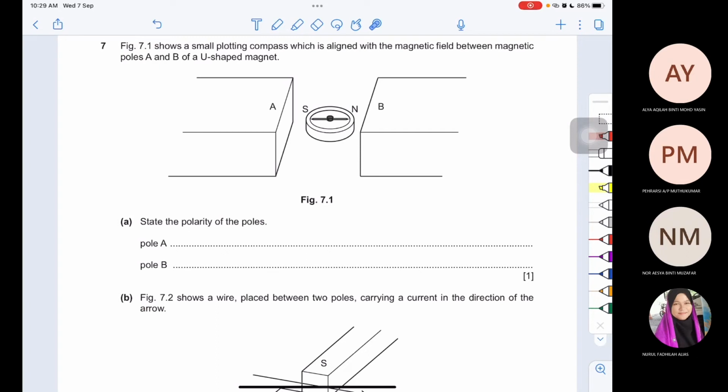State the polarity of the poles. We have a magnet here, and then we have a compass here.